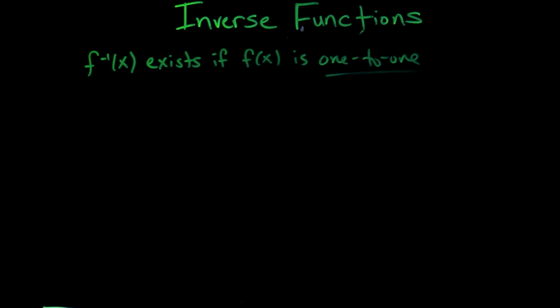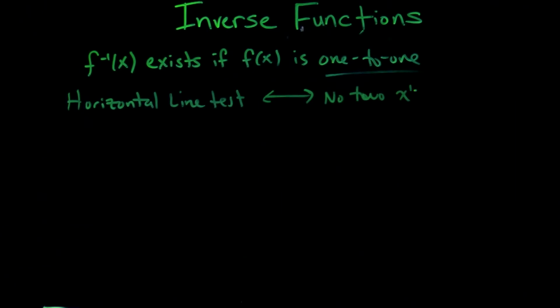So a function is 1 to 1 if it passes the horizontal line test. Okay, or equivalently, no two x's are sent to the same y.